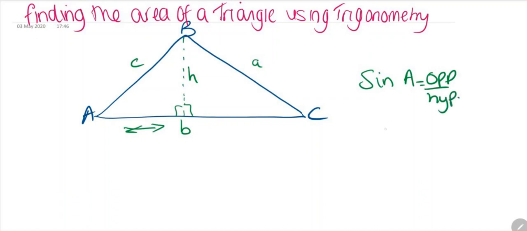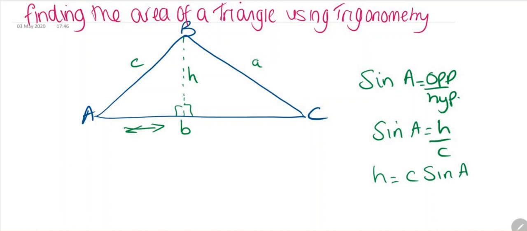So opposite over hypotenuse would be h over little c. If we rearrange this formula, this would be h is equal to c sine A.